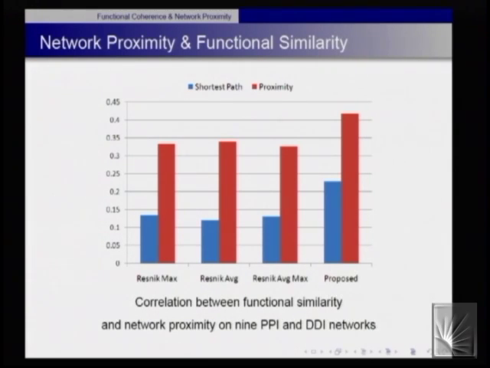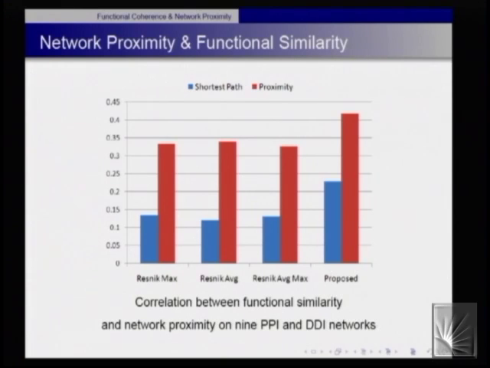As you see, the blue bars here correspond to the correlation between shortest path and functional similarity. The red bars are the correlation between random walk-based proximity and functional similarity. And we have different bars for different measures of functional similarity. These are the aggregate measures.